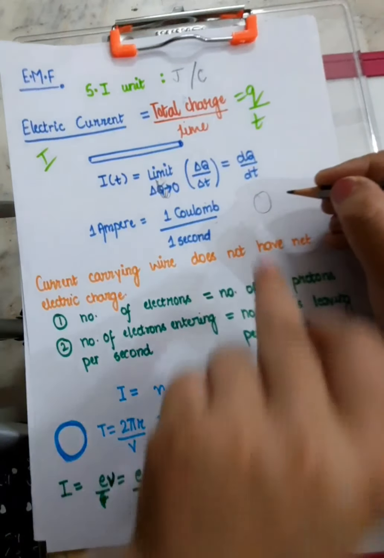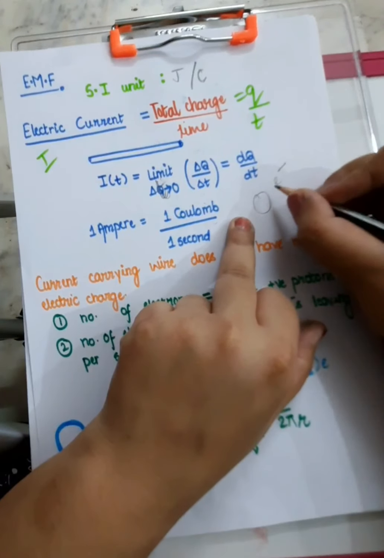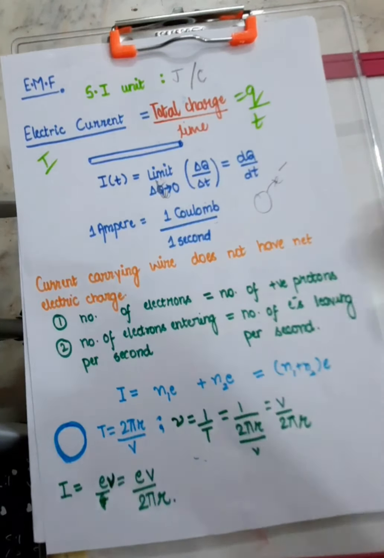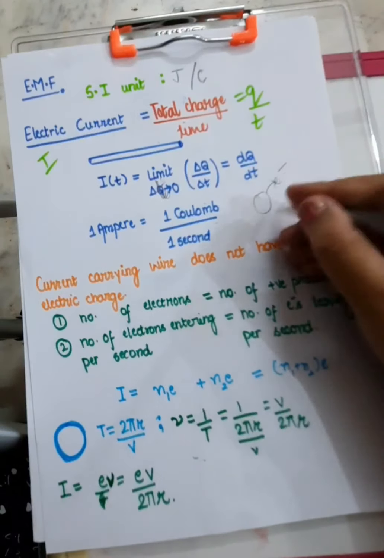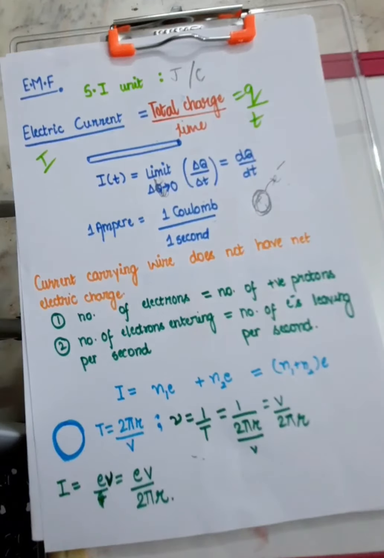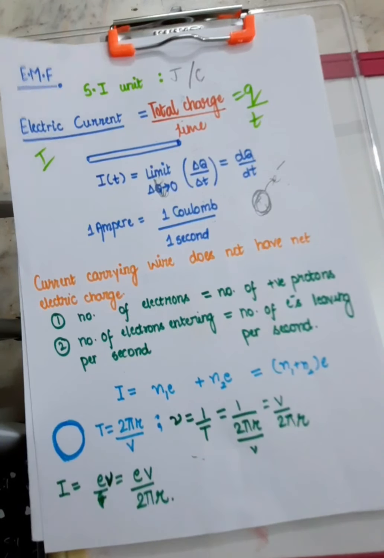So if there is a free electron in it, that free electron must have come out of some atom, right? So in that case, when one electron comes out, what are you left with? You are left with a positive ion behind. So whatever negative charge is there, corresponding to that you have a positive charge also.